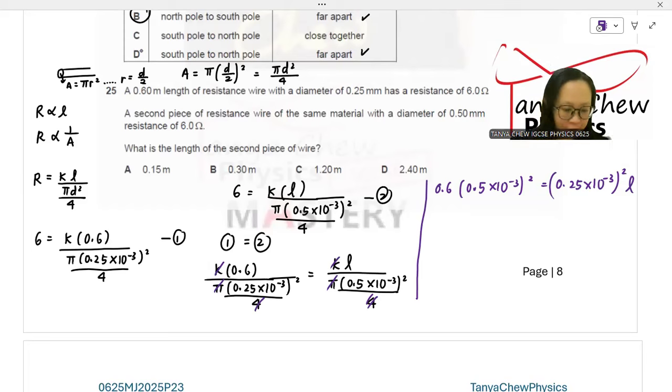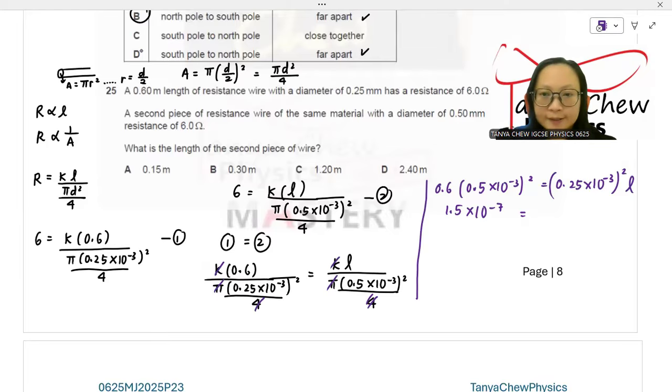This is 0.5 times 10 to the power negative 3, squared, times 0.6, and I got 1.5 times 10 to the power negative 7 is equal to 0.25 and 10 to the power negative 3, you square it.